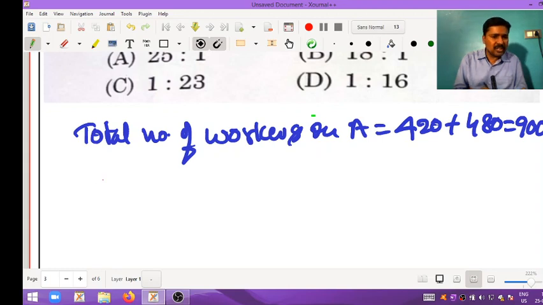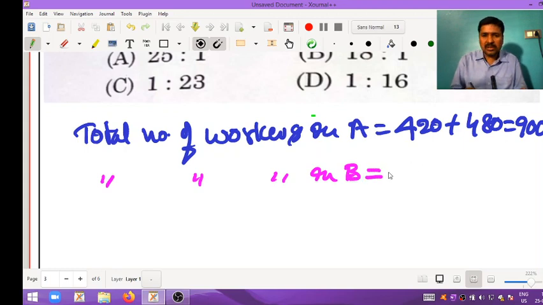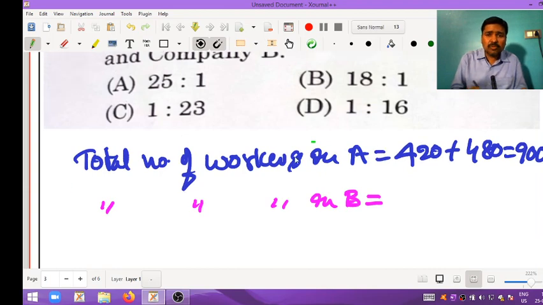Sorry, we want the total number of workers in A and B here. Total number of workers in A and B is equal to 420 plus 480 is equal to 900.